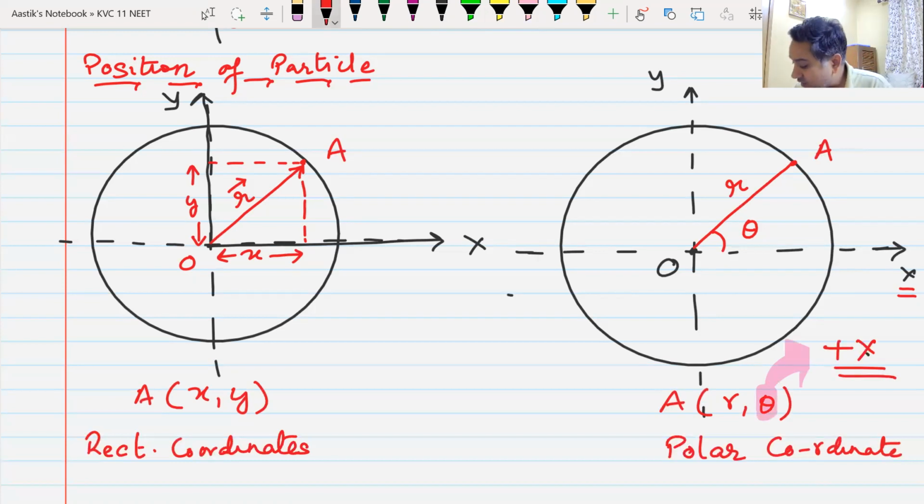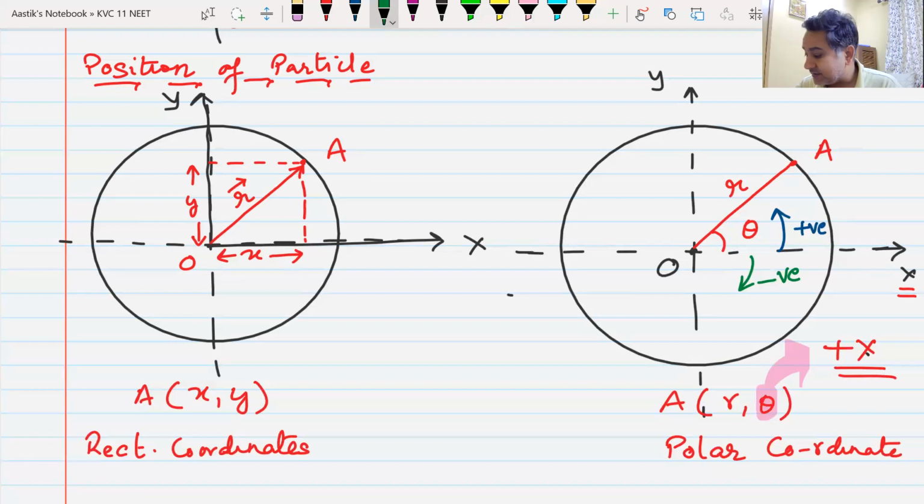Now, this theta could be in this direction. Let me make this with a different color. Then this theta will be known as positive theta. This theta could be in this direction from the x-axis. Then I call it negative.